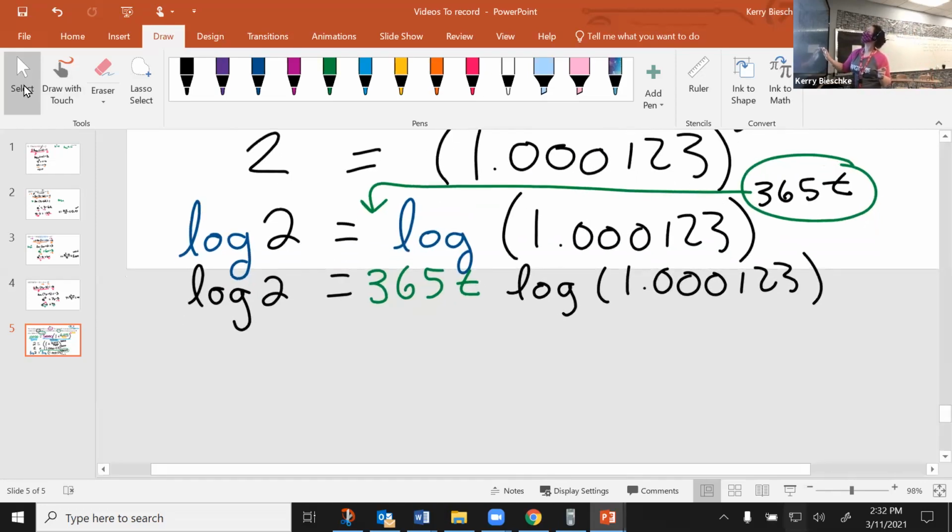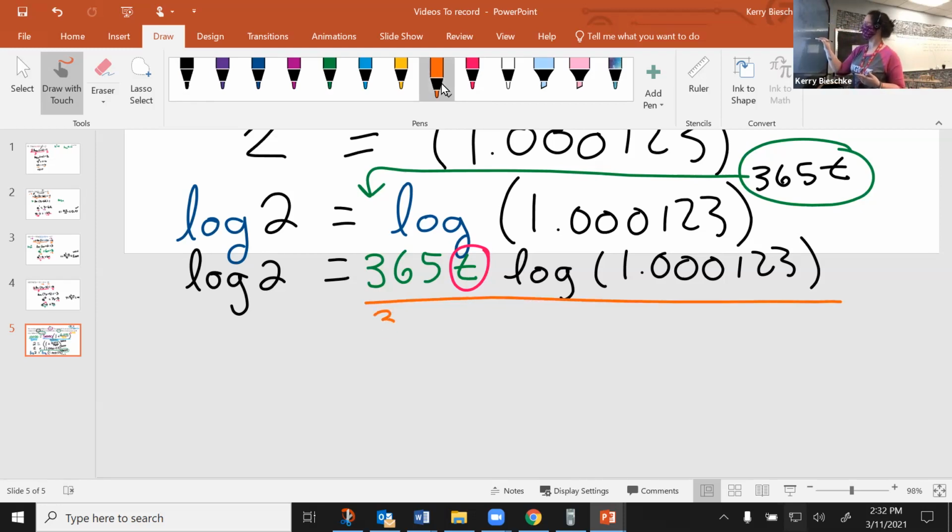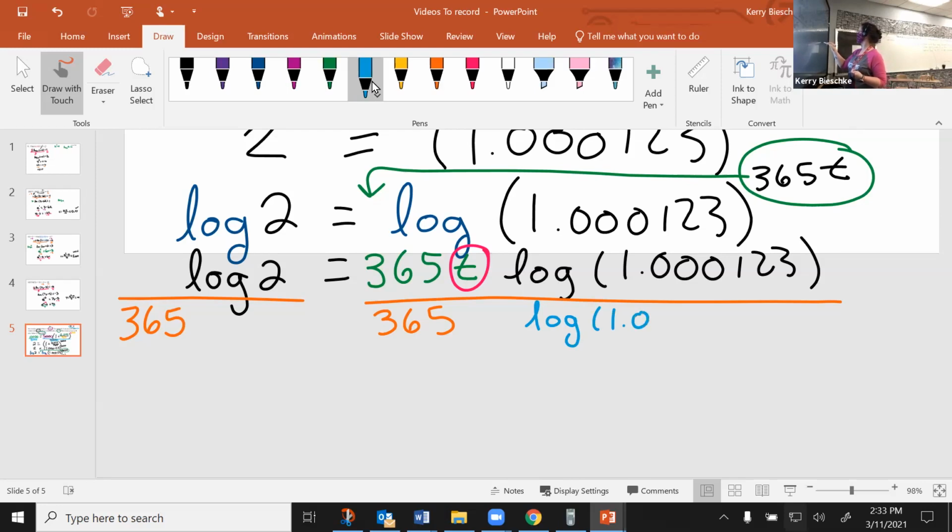So now what we're doing is we're trying to solve for t. These two log numbers are just numbers. They're just not very pretty numbers. So what we're going to do is divide by all the things t is being multiplied by to get it alone by itself. So we're going to divide by 365. So I can come over here and divide this side by 365. But I also need to divide by my log of 1.000123.